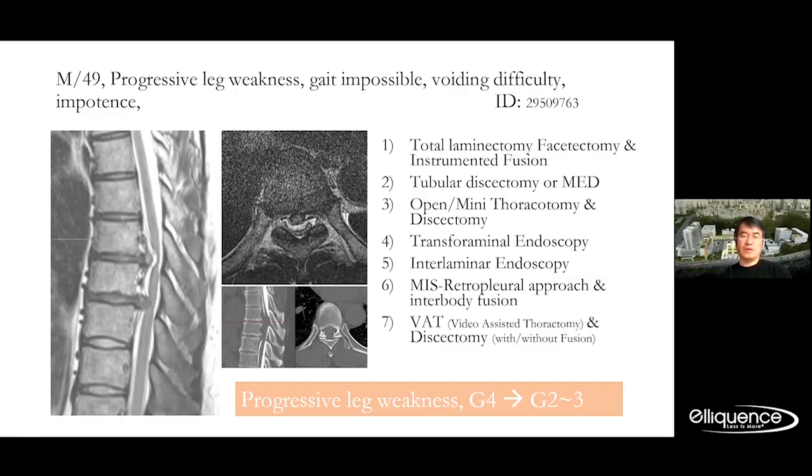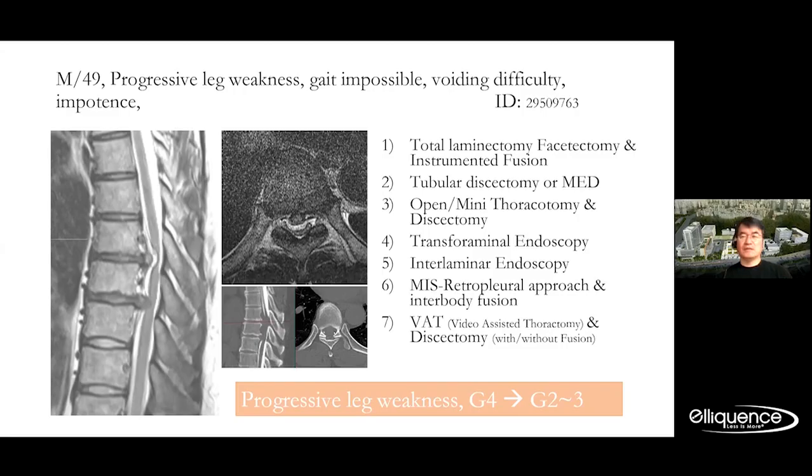So we have various options for the treatment: the posterior approach, with instrumentation or without instrumentation, the lateral transthoracic approach, and other kinds of MIS solutions. So what is your option, right?